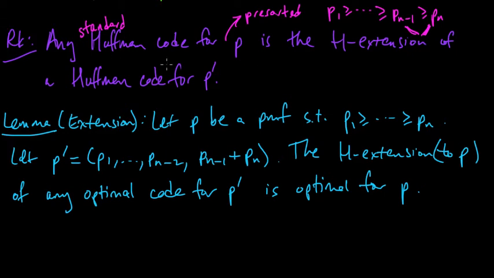Now, any Huffman code for P, whether P is pre-sorted or not, is obtained by permuting the P's so that they are in some descending order. That permutation is not necessarily unique, because there's not necessarily a unique way to sort them. But any Huffman code for P is obtained by sorting them in one of those equivalent orders, and then doing a standard Huffman code, right?